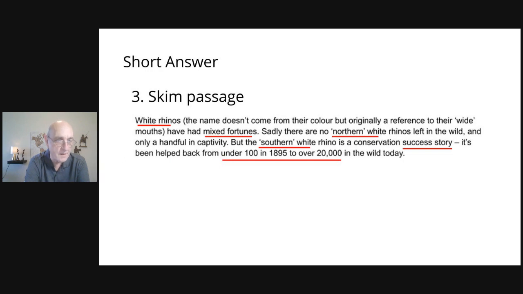Here we have a reference to northern white rhinos, and then we have southern white rhinos, and we have a noun adjective combination, success story. And then we have some important numbers and dates. Remember, we always underline numbers and dates when we're skimming a passage.